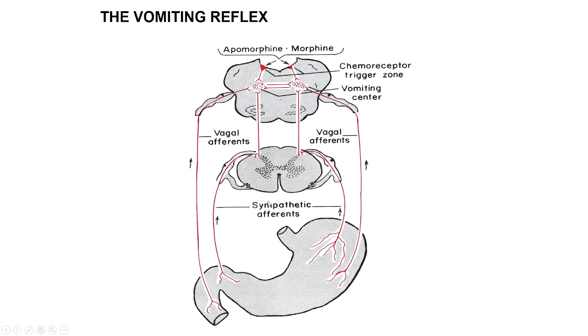So the efferent fibers are somatic nerves, not shown here, that go to the diaphragm, the phrenic nerve, and also to the anterior abdominal wall.